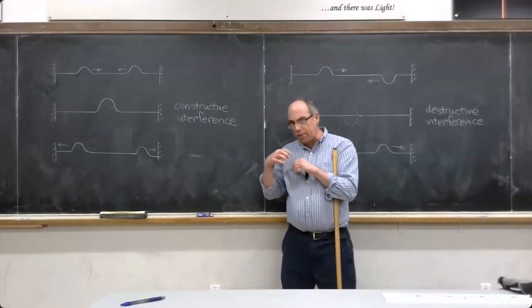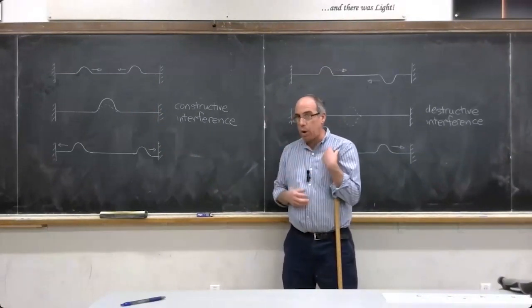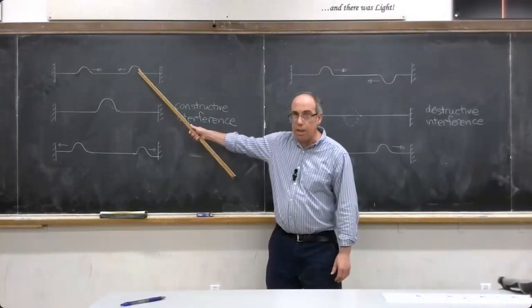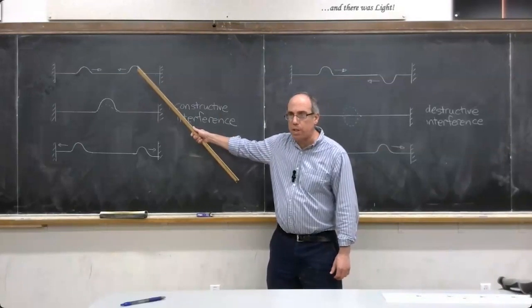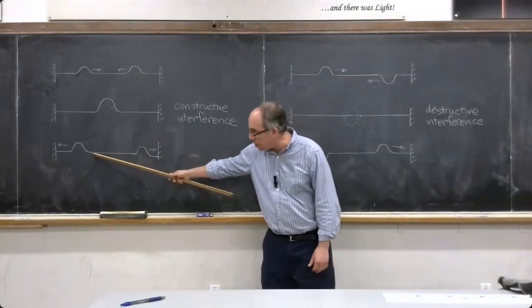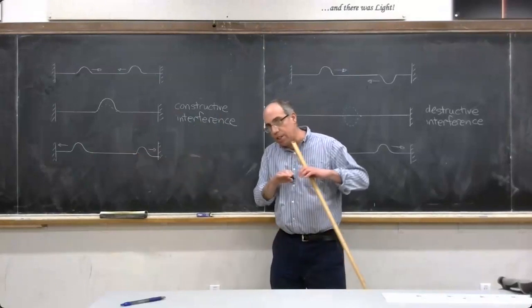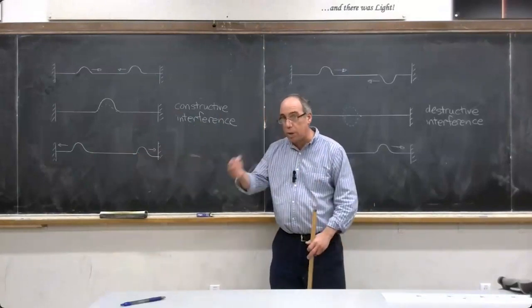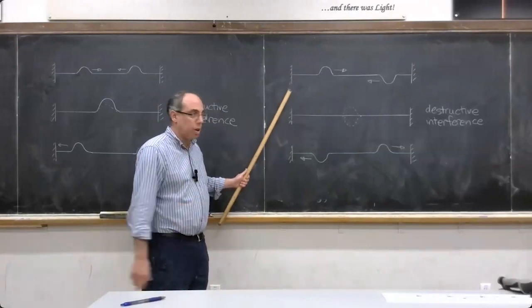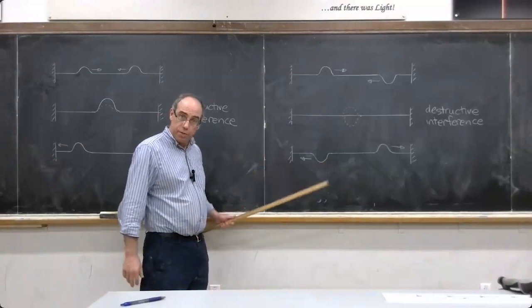When two wave disturbances combine to make a bigger wave disturbance, we call that constructive interference. And then after those two wave disturbances combined to produce a bigger wave disturbance, each of those disturbances continued propagating in its original direction. Over here, I've mapped out that second demonstration where I showed you destructive interference.